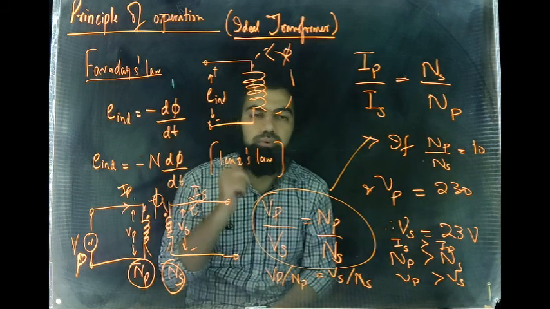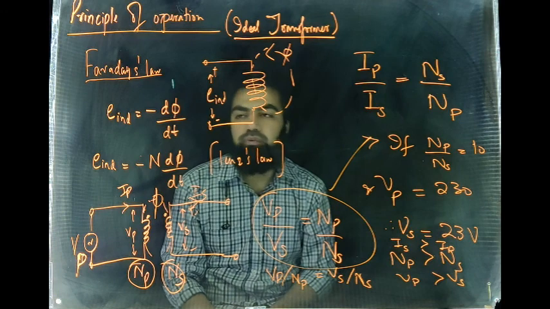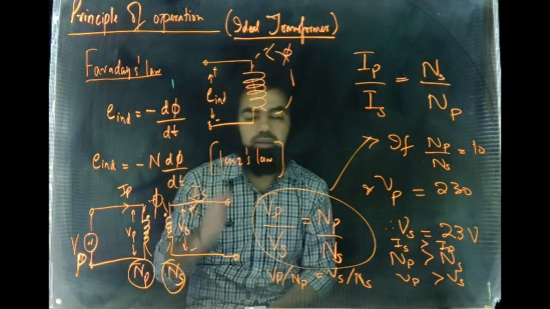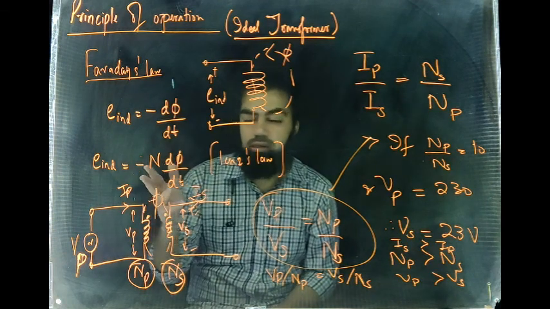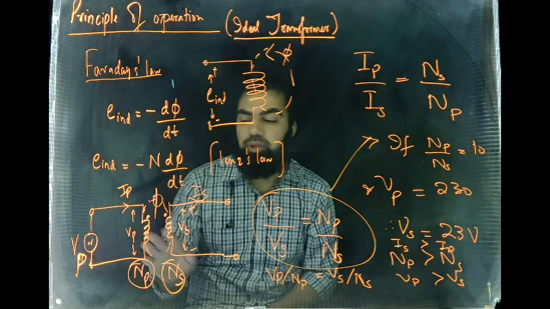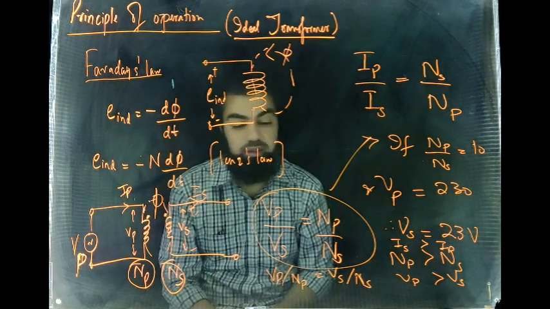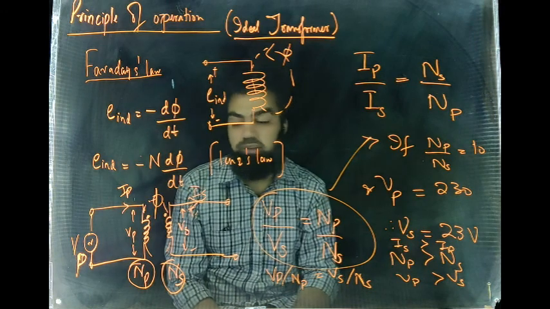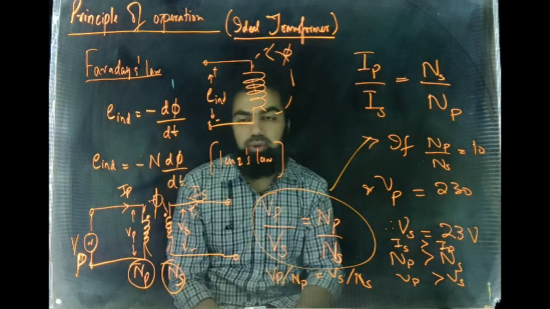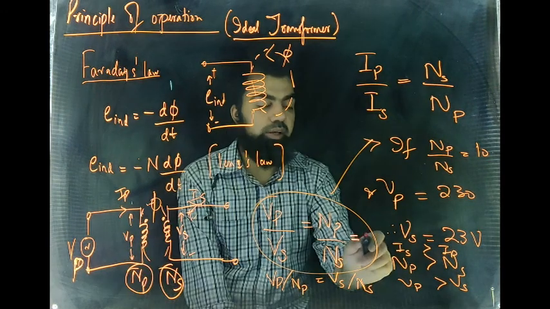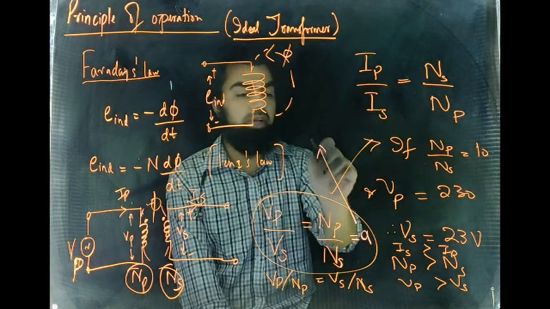So the voltage induced in the windings will be equal to the time rate of change of this flux, that's minus n d phi by dt, where n is the number of turns of this coil. And the ideal transformer equation simply states that Vp divided by Vs is equal to Np divided by Ns. That's the turns ratio of this transformer. Fine. And Ip divided by Is will be equal to Ns divided by Np. Np divided by Ns can be written as a, where a is known as the turns ratio.